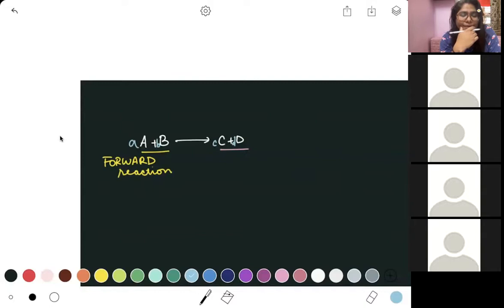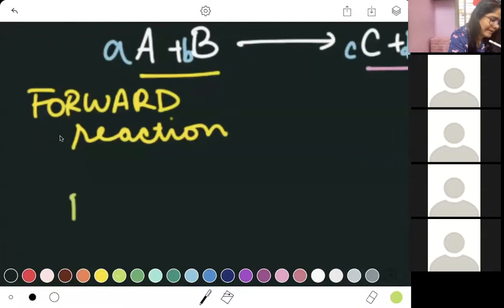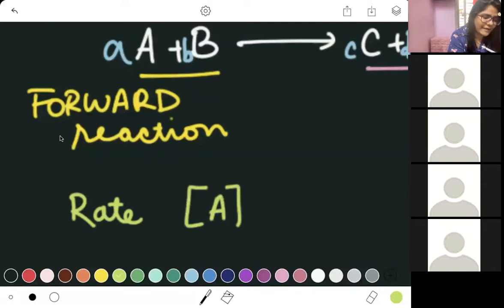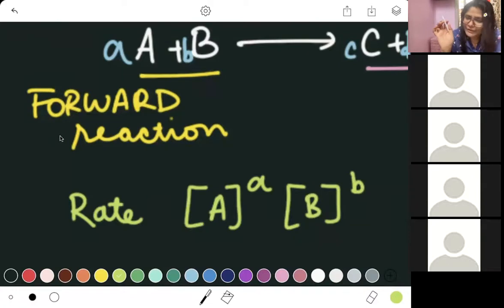Now, if I wanted to find out the rate of my reaction, I could say that my rate of reaction is going to be the concentration of A multiplied by the coefficient, the concentration of B multiplied by the coefficient. This is something I have with me.